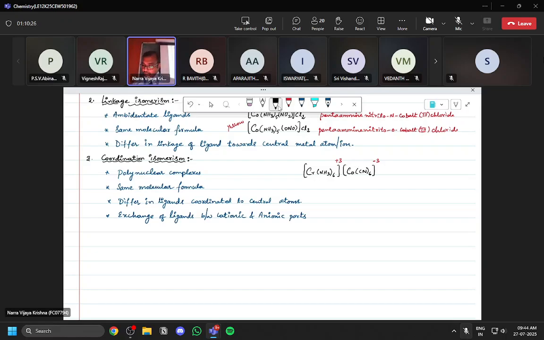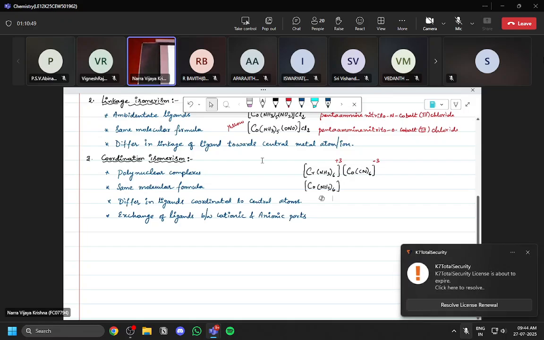Now what I'm doing is exchanging these two. Either one ligand or two ligands or all the ligands, whatever you want, you can do it. So I am changing all the ligands. When I change all the ligands, I will write cobalt here. Why? The moment I exchange all, 6 cyanides come here, and the overall charge of this coordination sphere becomes positive.